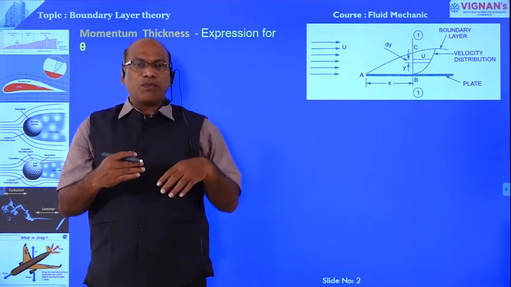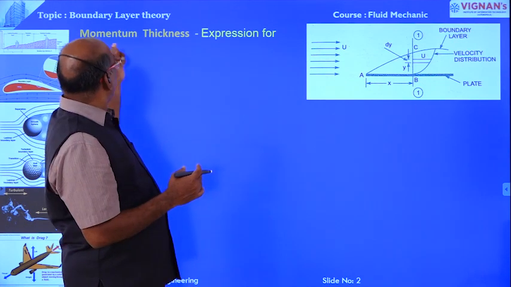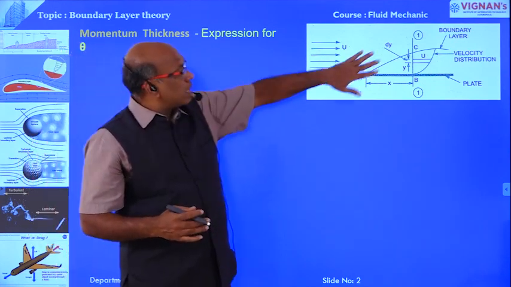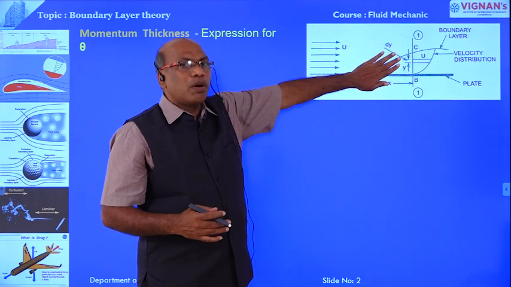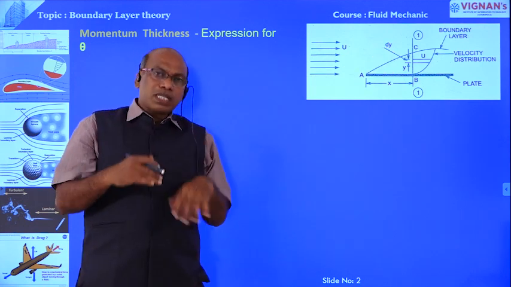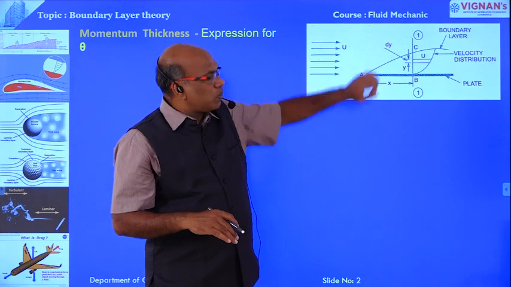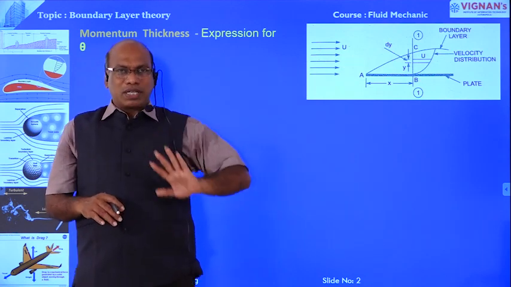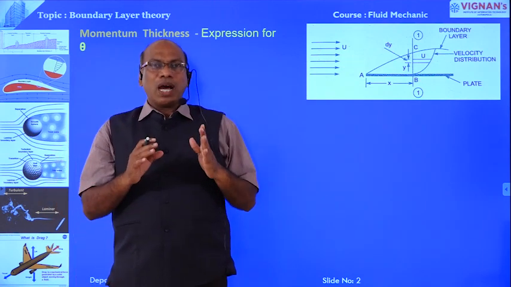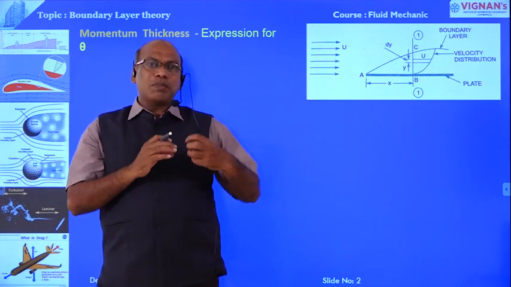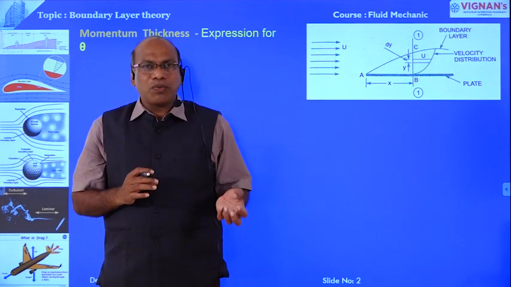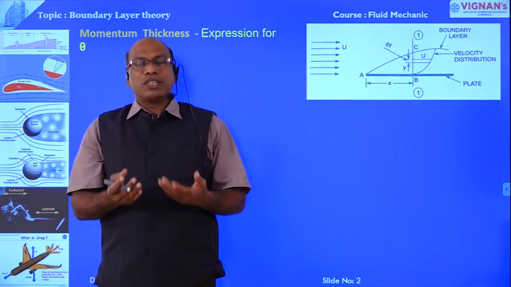Once you know the mass of fluid, we determine the momentum. Presence of boundary layer, what is the momentum of the flowing liquid? Absence of the boundary layer, what is the momentum of the flowing liquid? These two we are going to determine, and then find the difference between them.